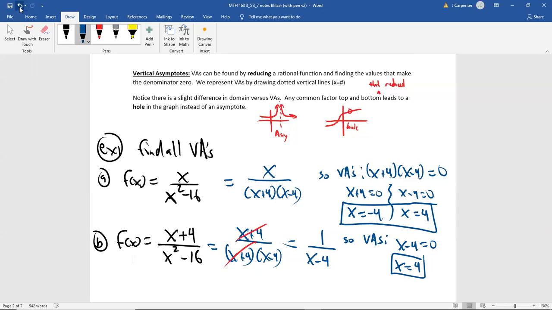Now, I did only ask for the vertical asymptotes, but I want to put this extra memo here as well because it is important. We said that any common factor top and bottom leads to a hole in the graph.